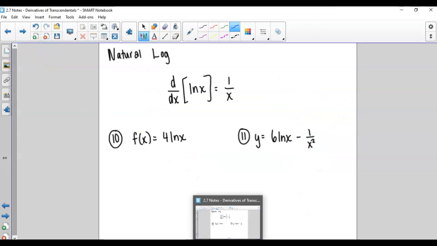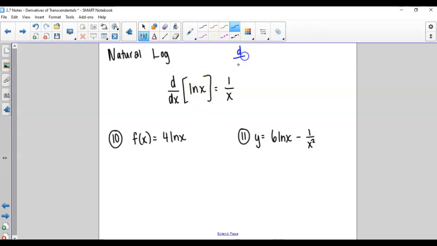Alright, now let's look at a natural log. Remember, a natural log has a base of e. So really, we could think of that same rule that we were using for our other logarithms. It was log base b of x equals 1 over x times natural log of b. So if we're taking the derivative of natural log of x, remember that's like doing log base e of x.